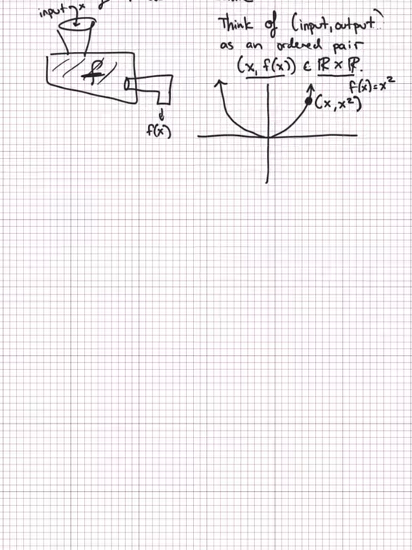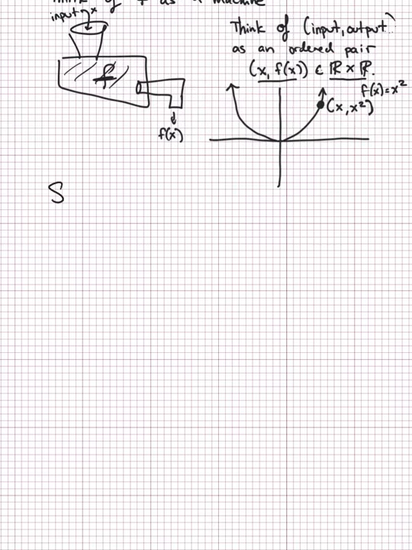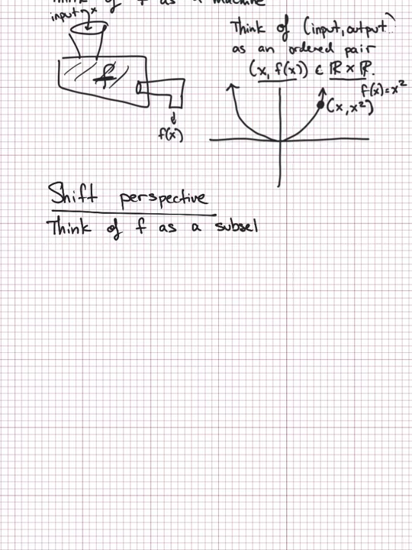Okay, so now I'd like us to shift our perspective a bit. Instead of thinking about f as a function, we think of f as a subset of R cross R with special properties.